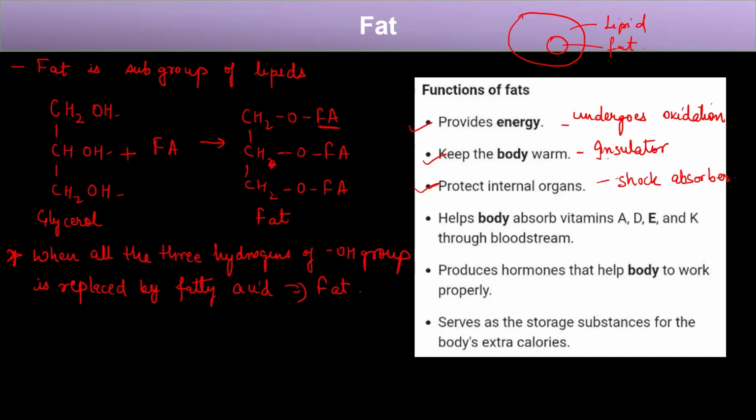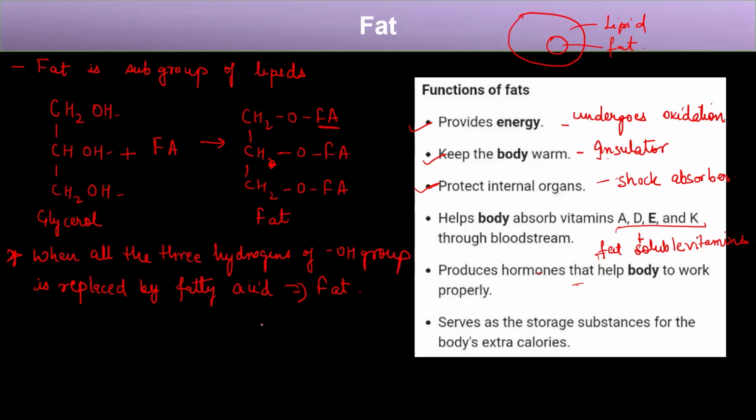Fourth, it also helps the body absorb vitamins. There are different types of vitamins, but these four vitamins, A, D, E, K, are fat soluble vitamins, and fat helps in their absorption by the body, because the ultimate goal of whatever we eat is absorption.